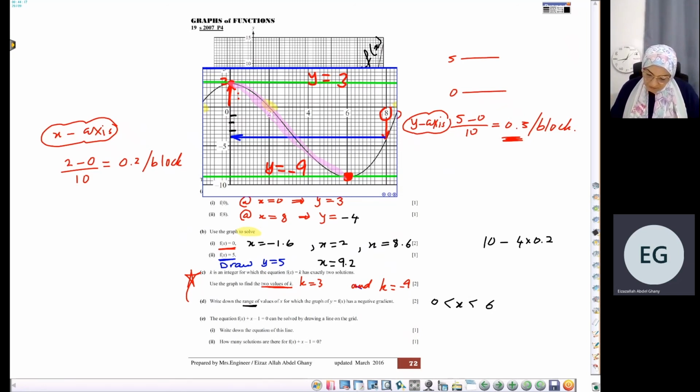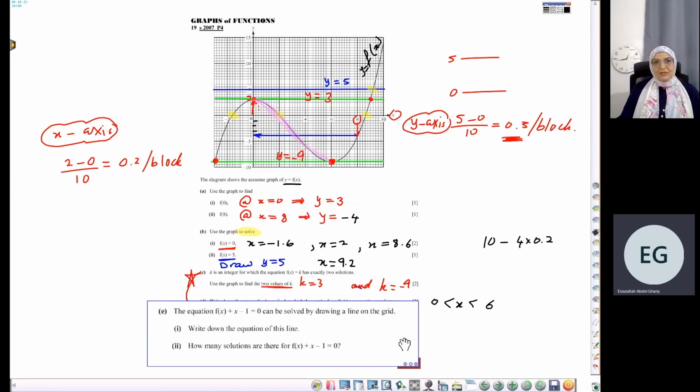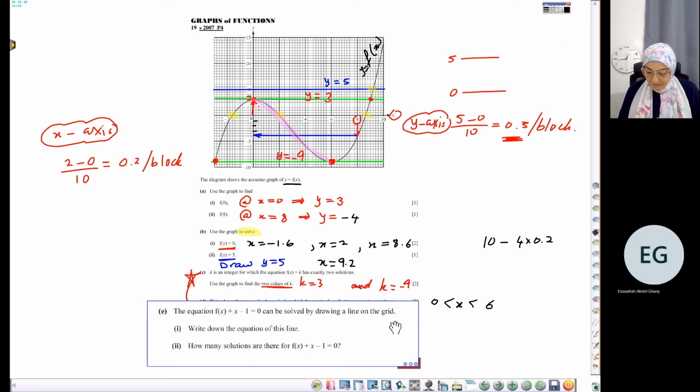The last question, which is manipulation. I'm very concerned about this part, because if the student knew it, then he is a perfect student in math. It's easy, it's not difficult. The equation f of x plus x minus 1 can be solved by drawing a line on the grid. f of x is already drawn.